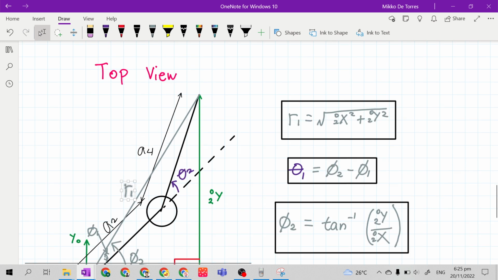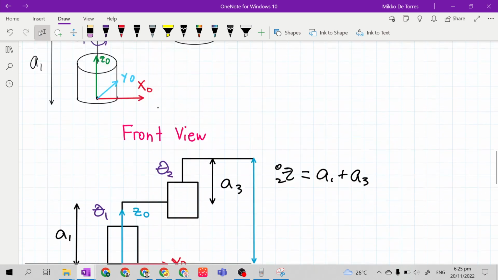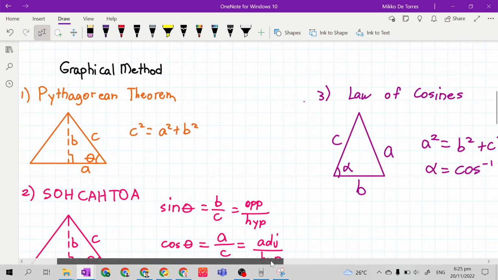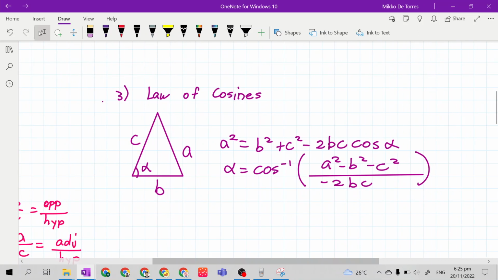What we need to use now is the law of cosines. The law of cosines looks like this, where A is the opposite side of the alpha angle. We equate the opposite side squared to the sum of the other sides, b squared plus c squared, then subtract 2 times b times c times cosine alpha.